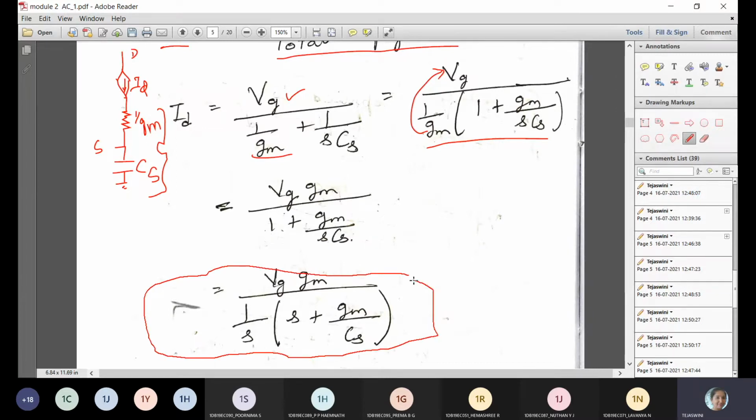Any doubt in this expression? So first take the two resistances common, then you need to multiply and divide by S. Here we are doing it in the denominator. Obviously 1 by S means S will be shifted to the numerator. So your expression becomes Vg into Gm into S divided by S plus Gm by Cs.